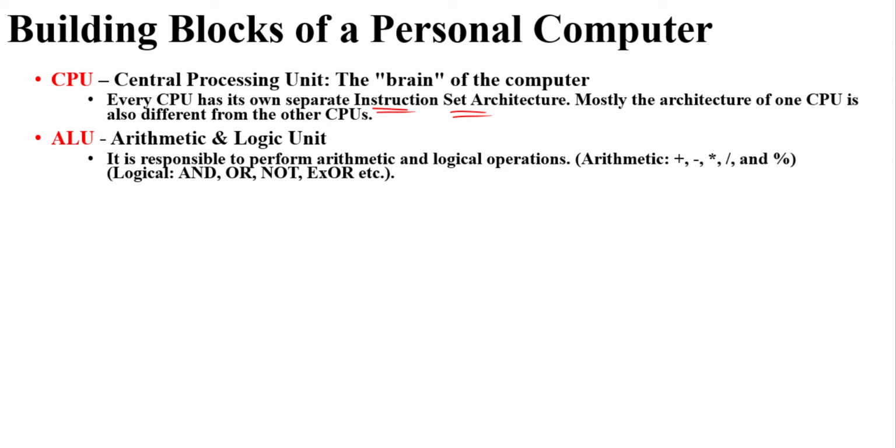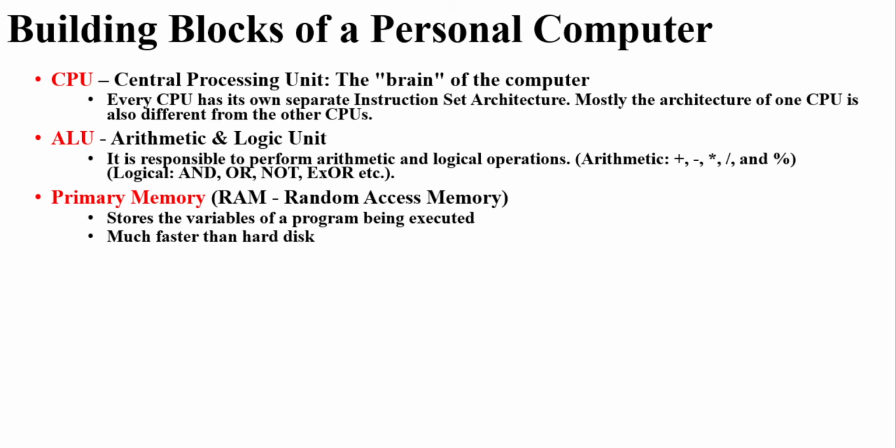Then there is an ALU, the arithmetic and logical unit, which performs all the arithmetic instructions, for example, plus, minus, multiplication, division, modulus. Similarly, there is a logic unit which performs logical instructions such as AND, OR, NOT, XOR, and so on. So ALU is nothing but a unit which performs arithmetic and logical instructions.